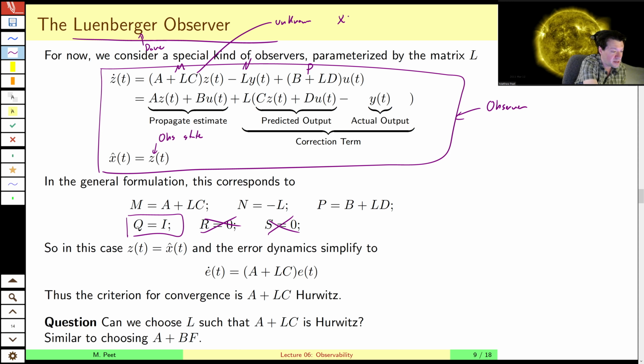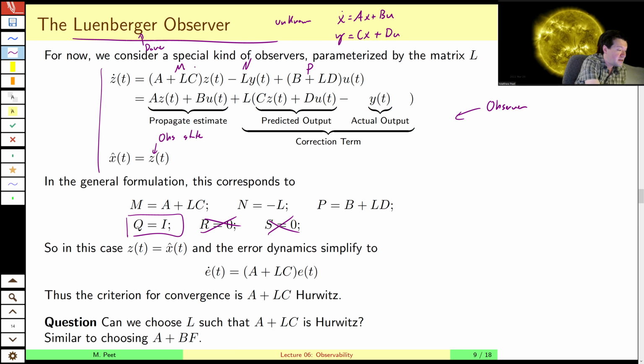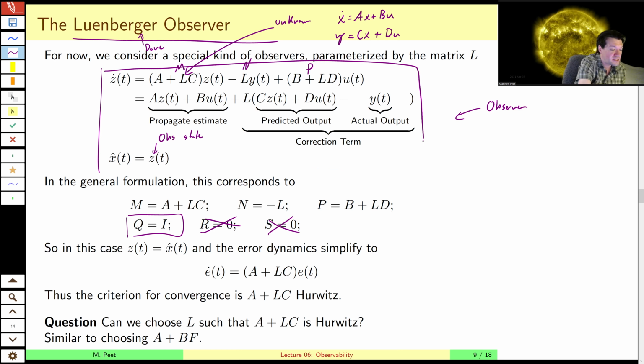Remember the system x dot equals Ax plus Bu, and the output of that system was y equals Cx plus Du. So these four parameters are given. There's no flexibility. Oh, sorry, not C, my bad. The unknown is L, and that's the observer gain.